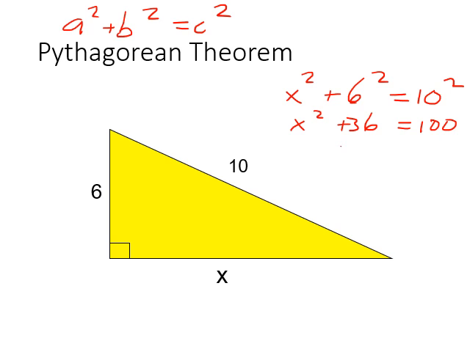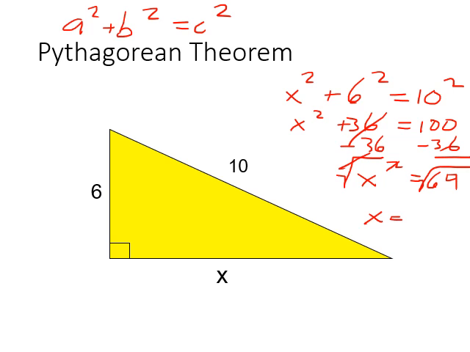Isolate x, subtract 36. X squared is going to equal 64, and my final step is to take the square root. And remember, when I take a square root, I get two solutions.